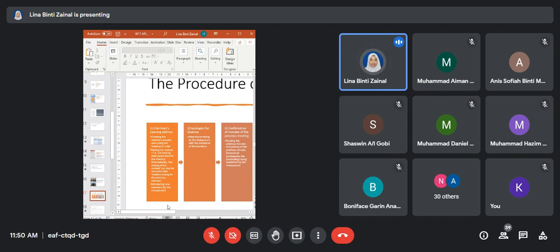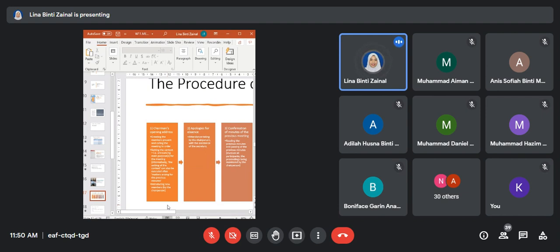Where the chairperson will take the attendance. It's not like how I do it in the class, as in you call out the names one by one. You just check, you just acknowledge that the person is present for the meeting, and highlight if you know anyone who is unable to make it.